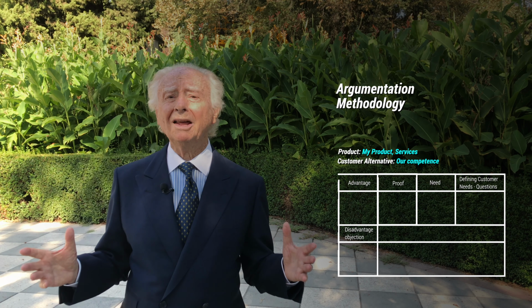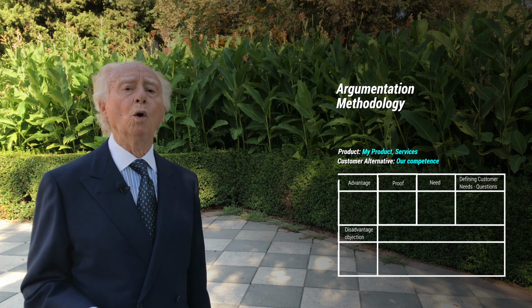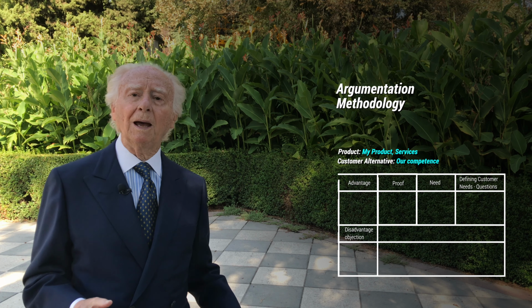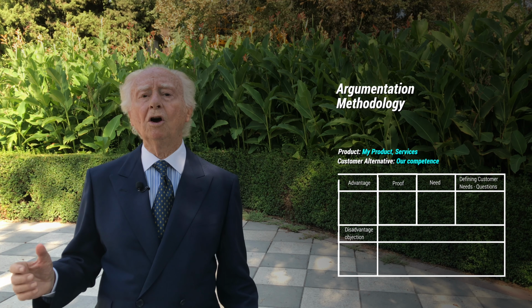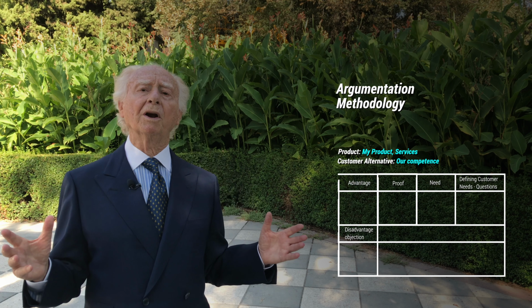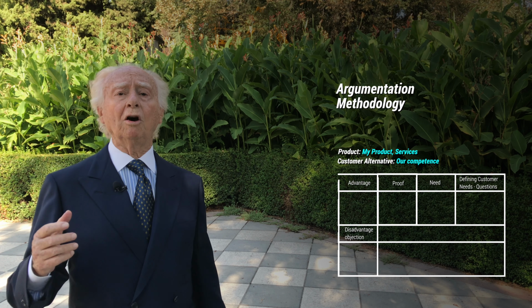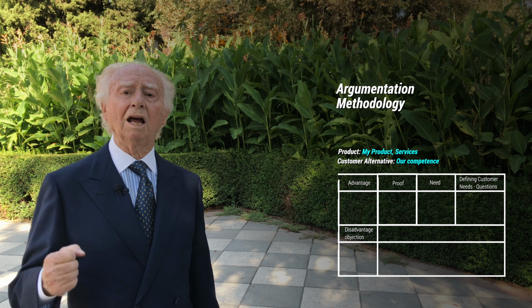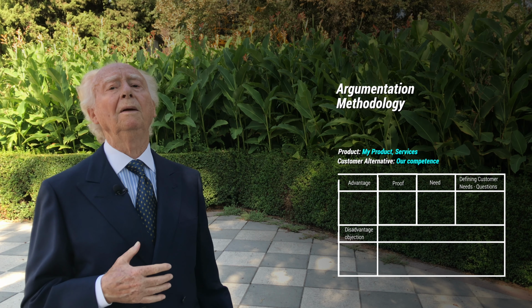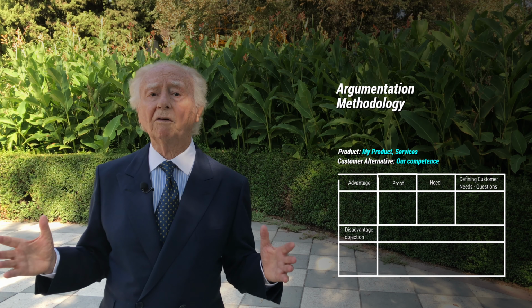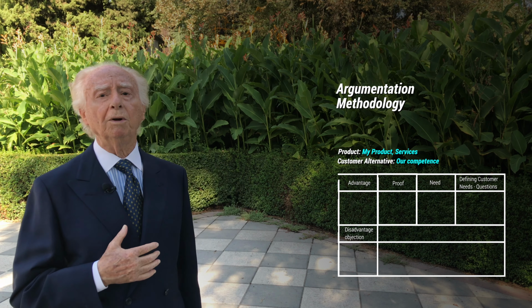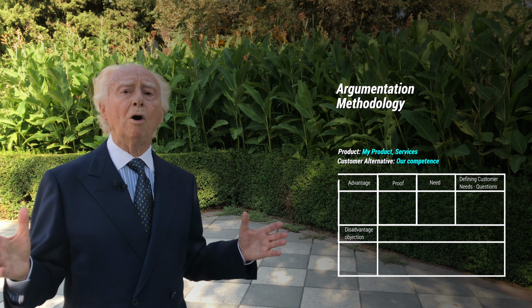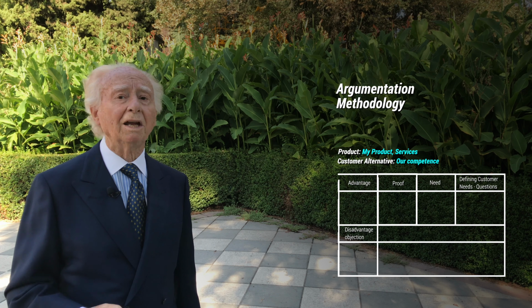But there is something else, and that is that at the end, below, on the first column, appear the disadvantage or objection of my alternative in comparison with the alternative of the client. That is to say, an objection that the client can put to me because the alternative of our competitor can be above in those aspects.